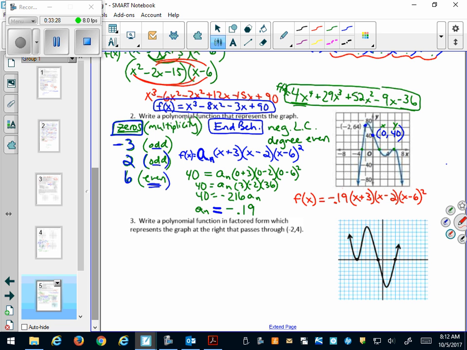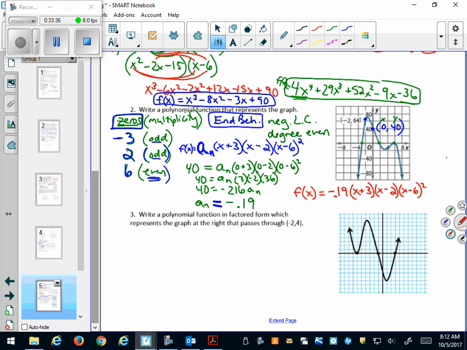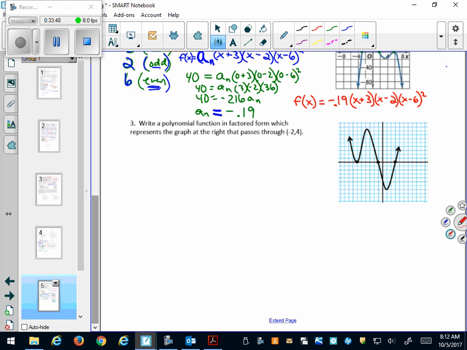I'm not going to do that right now. At some point, though, you need to practice doing these things, okay? Because you are going to have to multiply some out. Maybe not that many, but at least 3, maybe 4. Well, this is 4, but it's an ugly one with the 0.19. So we're just not going to do that one right now.